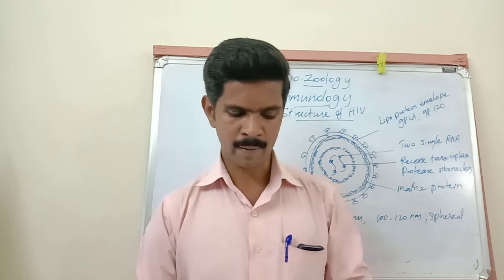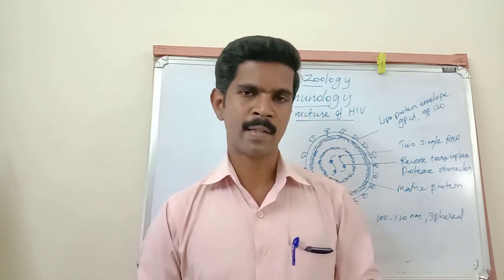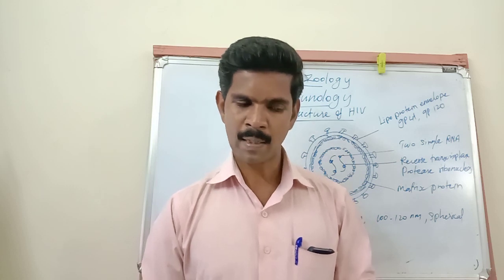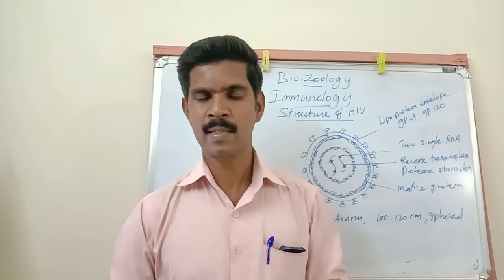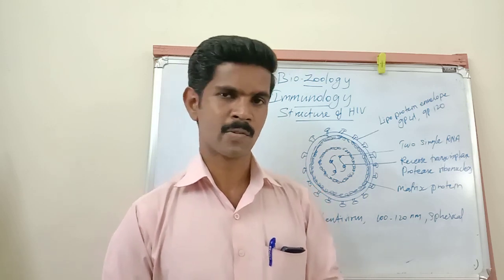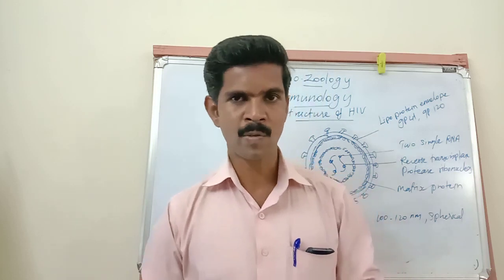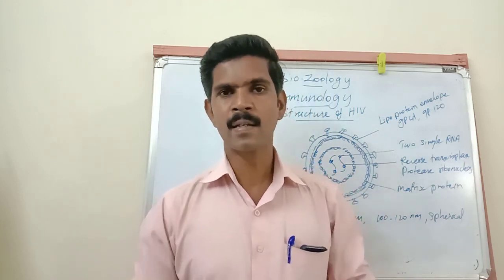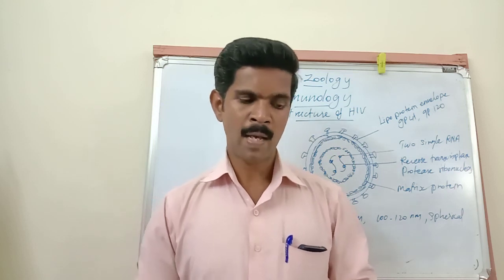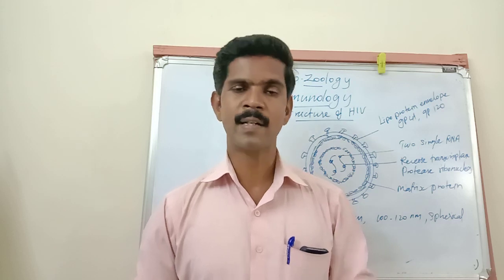Understand, my dear students? These immunodeficiency diseases are classified into two major categories. The first is primary immunodeficiency disease and the second is secondary immunodeficiency disease. The reason for primary immunodeficiency may be some genetic defects.